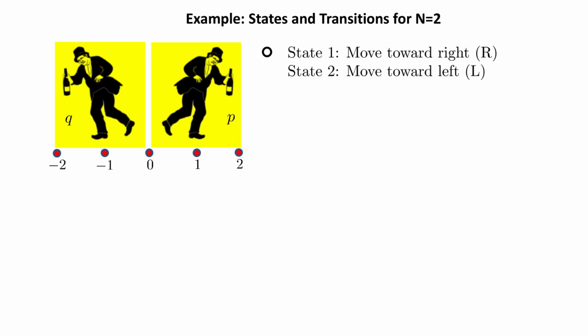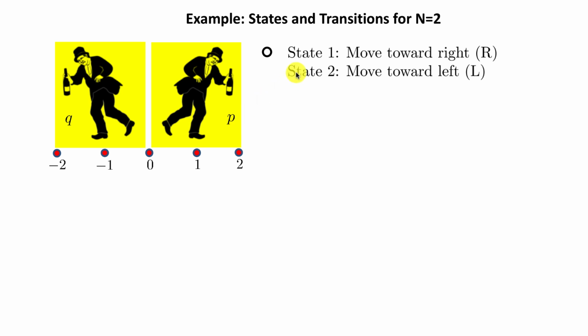Let's take some particular examples. So we've already encountered this man who has had a bit too much to drink, and he can take a step to the right with probability p, or he can take a step to the left with probability q. p plus q is equal to 1. He's got to move to the right or to the left.